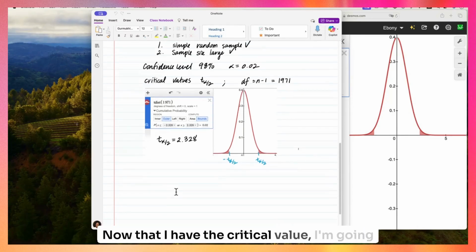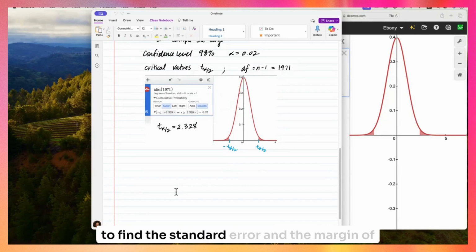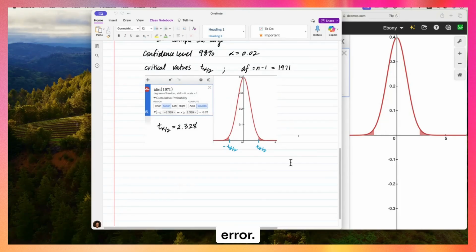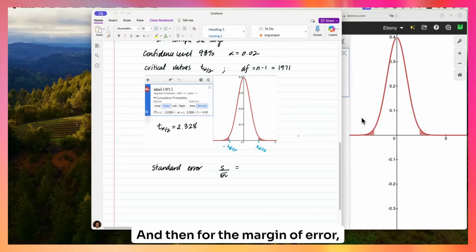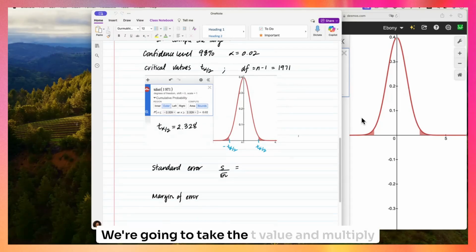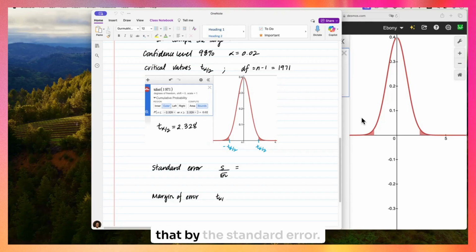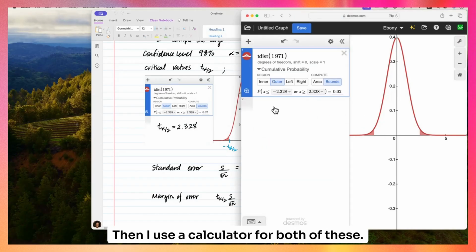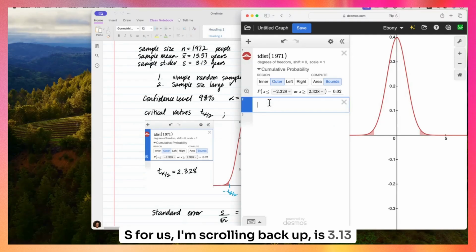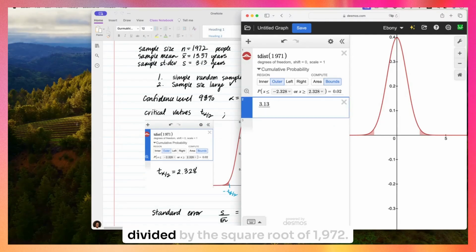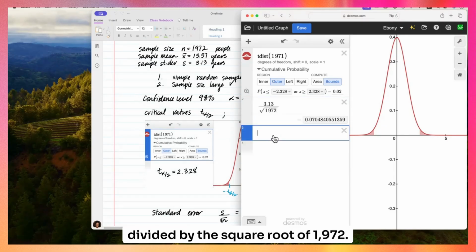Now that I have the critical value, I'm going to find the standard error and the margin of error. So for the standard error, we're going to take s and divide by the square root of n. And then for the margin of error, we're going to take the t-value and multiply that by the standard error. I'm going to use a calculator for both of these. s for us, I'm scrolling back up, is 3.13 divided by the square root of 1,972.